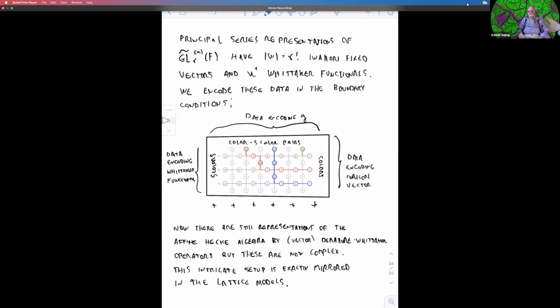So that means that we would have n to the R times R factorial different functions that you want to evaluate, and you want to know the values at every group element. So we have data that encodes G, those go on the top edge. We have data that encodes the Iwahori vector, those go on the right edge, and there's data that encodes the Whittaker functional, those go on the left edge, and for those we allow repetitions.